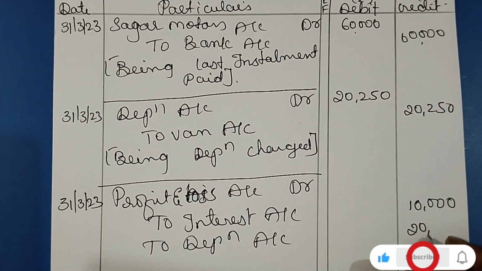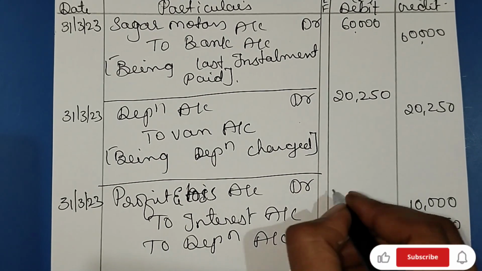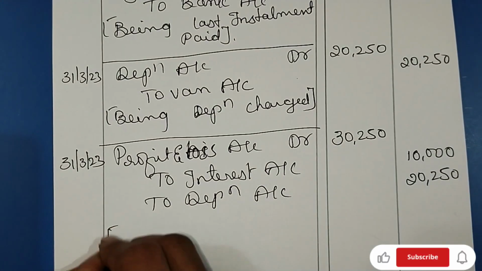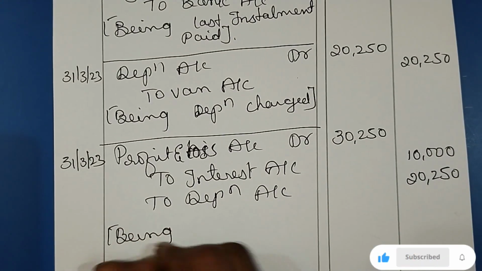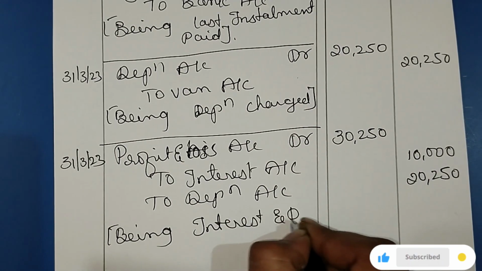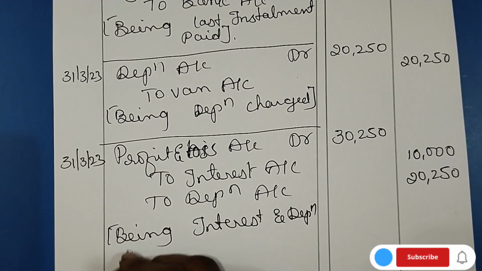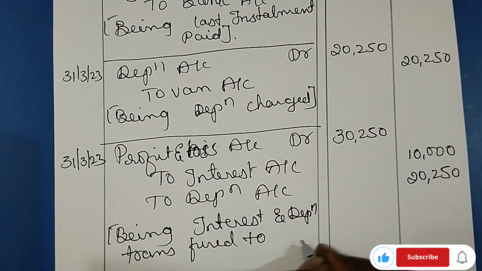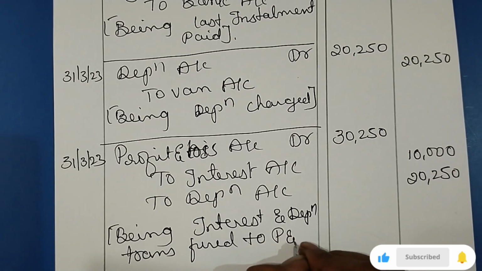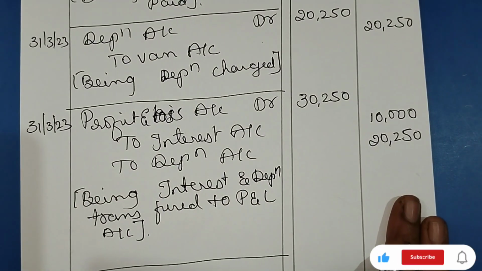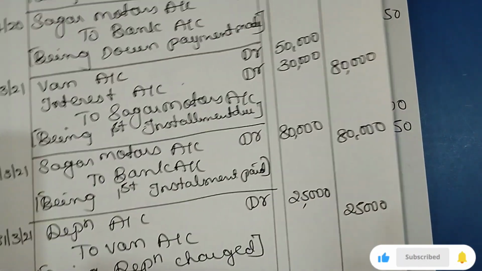Depreciation is 20,250. Total 30,250, being interest and depreciation transferred to profit and loss account. Now we have passed all 3 years entries.